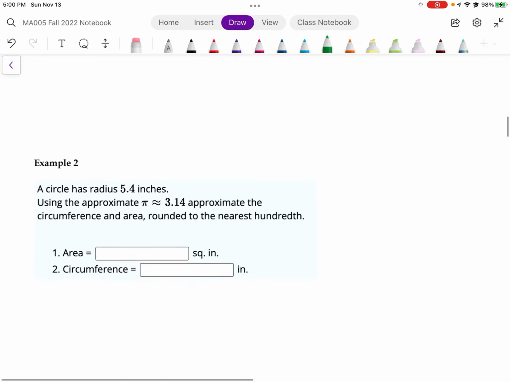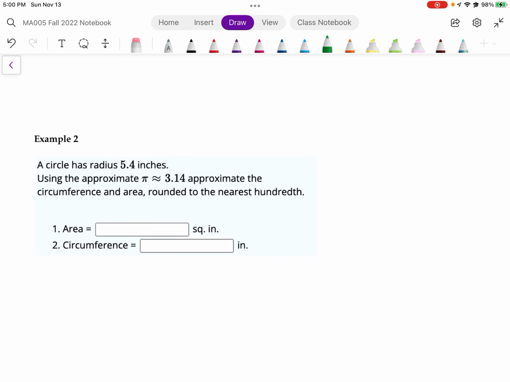All right, let's try another one. A circle has a radius of 5.4 inches. Do the same thing, find the area and the circumference. Do pause the video and try this one. I usually do circumference first, so that's what I'm going to do. I've got 2 pi r, so that's 2 times 3.14 times 5.4, where r equals 5.4 inches.